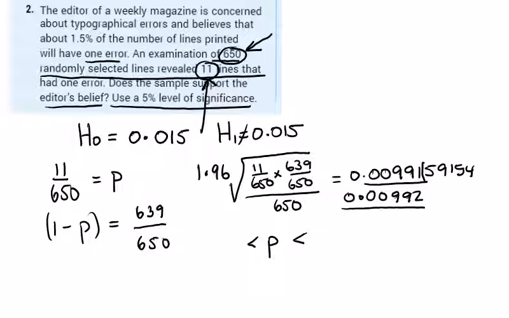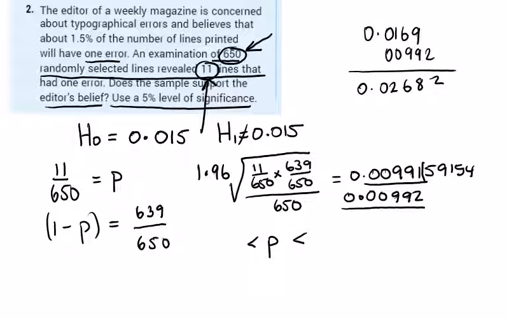So I'll write P as a decimal, 11 over 650, 0.0169. I have to add on 0.00992 to get 0.02682. 0.0169 minus 0.00992 is giving me an answer.